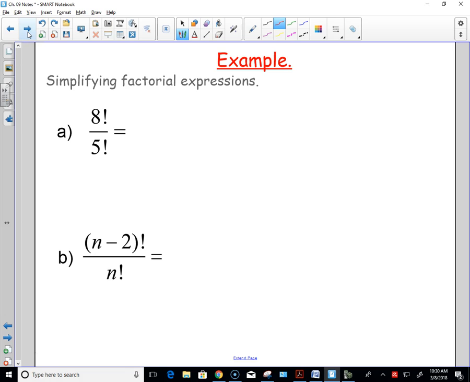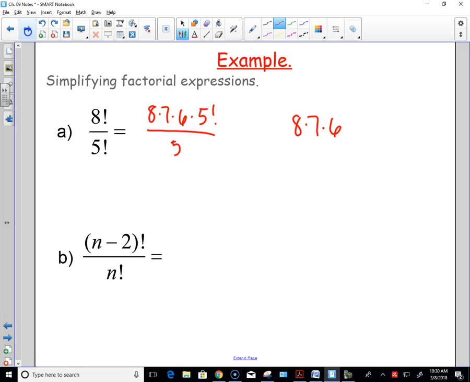So what do we do there without a calculator? How do you reduce 8 factorial over 5 factorial without a calculator? 8 times 7 times 6. How do you get there so fast? Because 8, 7, 6, 5 factorial.